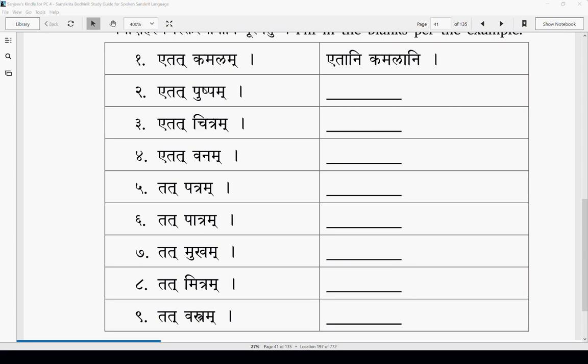What is newspaper? Newspaper is also patram only, like a leaf or a card. Or letter is patram. What is mukham? Mukham is face or mouth, both.